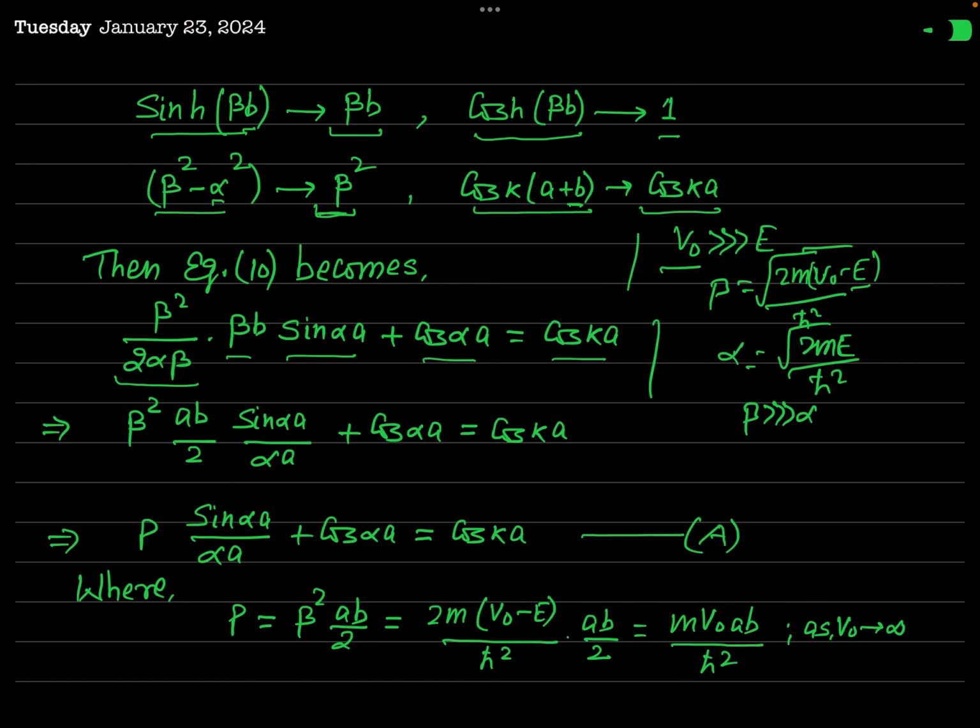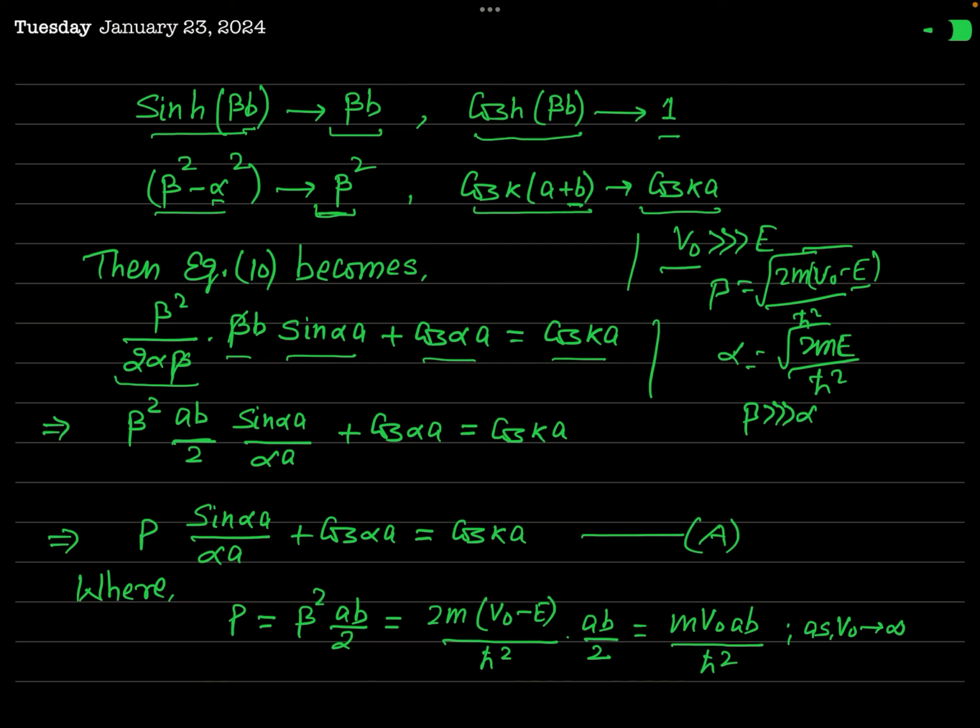Now the first term we can write in a proper manner. You can see here there is no a in the numerator, but I have multiplied here by a. So this is written as β²ab divided by 2. But here this β and β get cancelled, and as we have multiplied by a in the numerator, you must multiply it also in the denominator. So there is αa, and cos αa equal to cos ka.